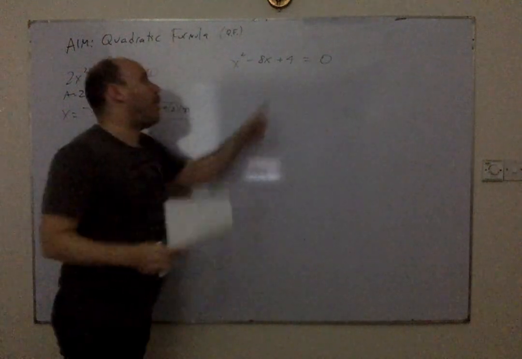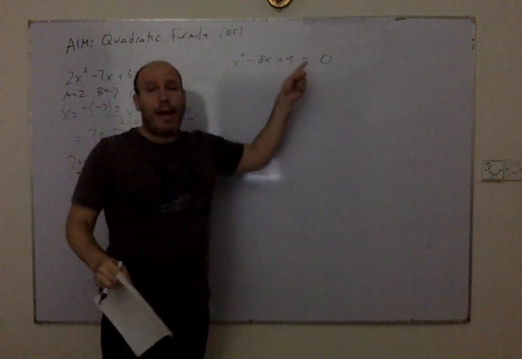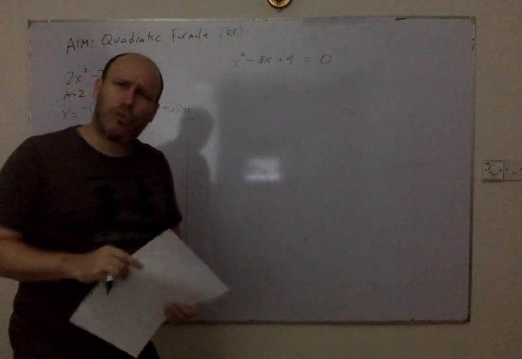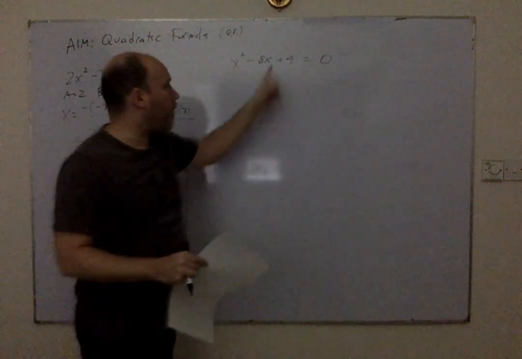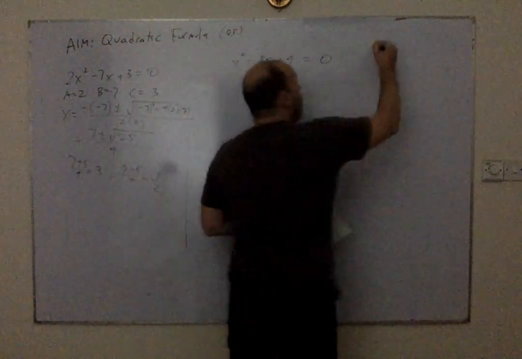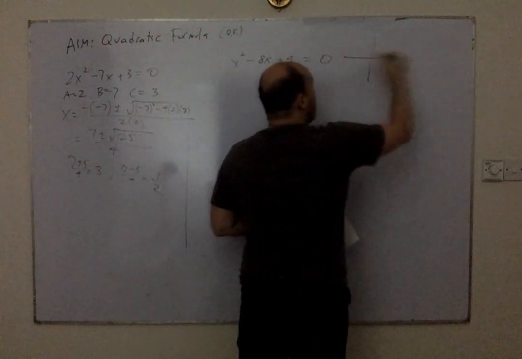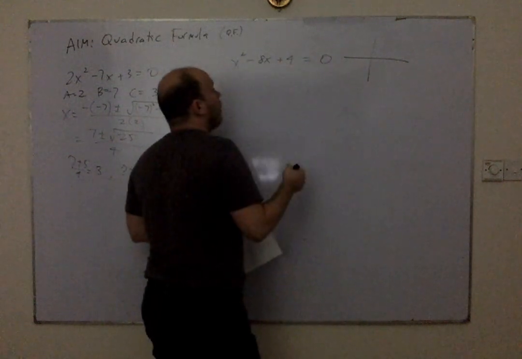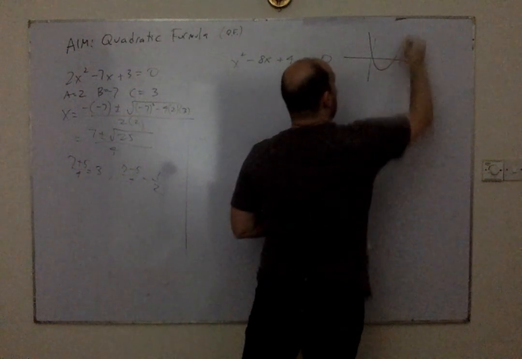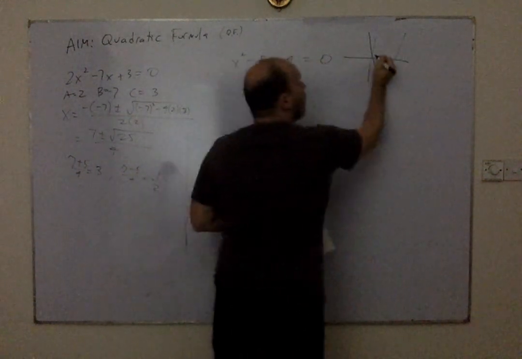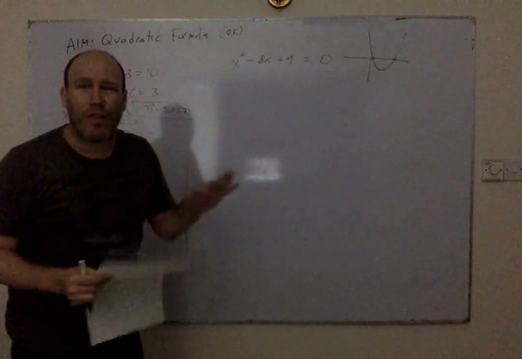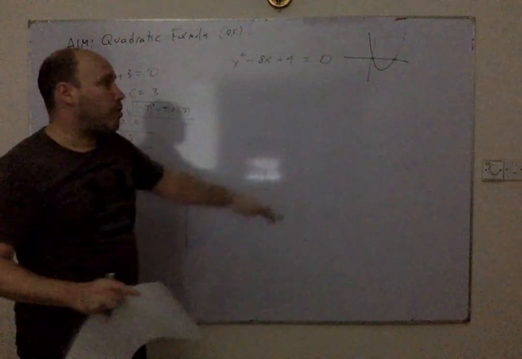Now, I immediately know I can't factor this, but I know there's roots. How do I know there's roots? Well, if I graph this parabola, I know that it crosses the x-axis somewhere, right? It's over here. I know there's roots, I just don't know where they are. And that's what we're going to talk about a little after.